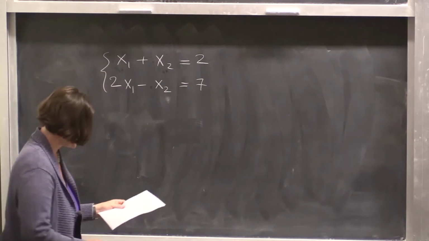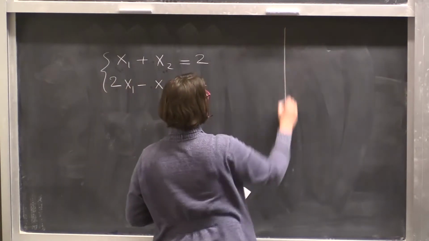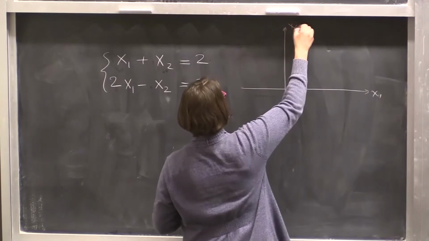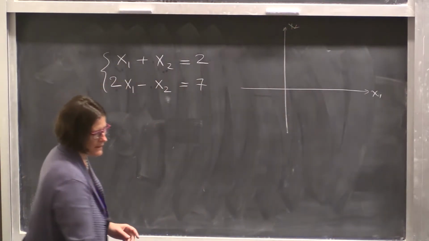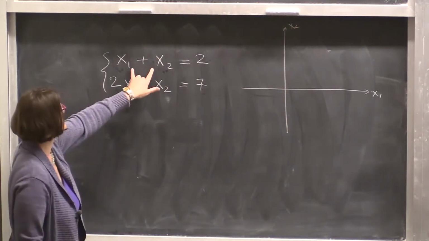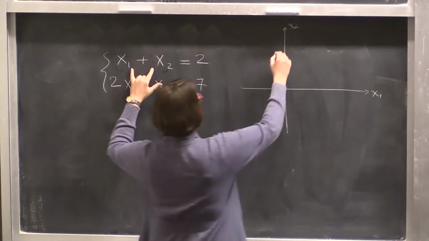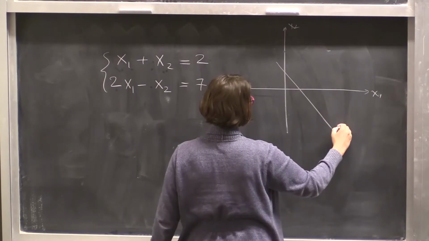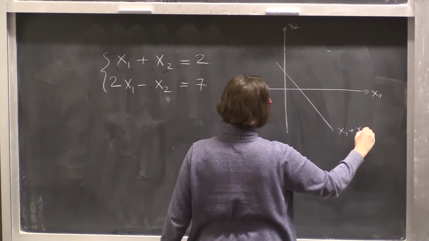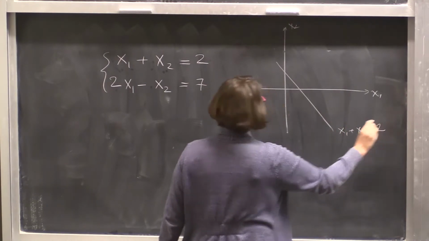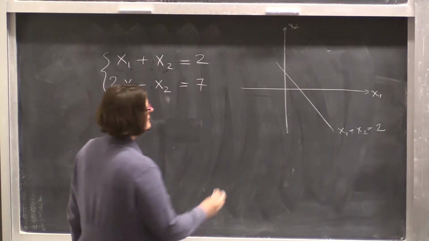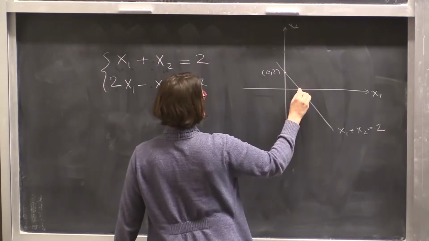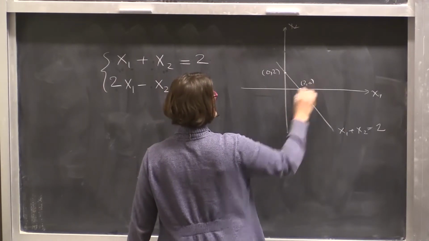So I go back to middle school, and I draw two lines, x1, x2. The first line is this one. So these are the points that satisfy x1 plus x2 equals 2. That's the point 0, 2. That's the point 2, 0.